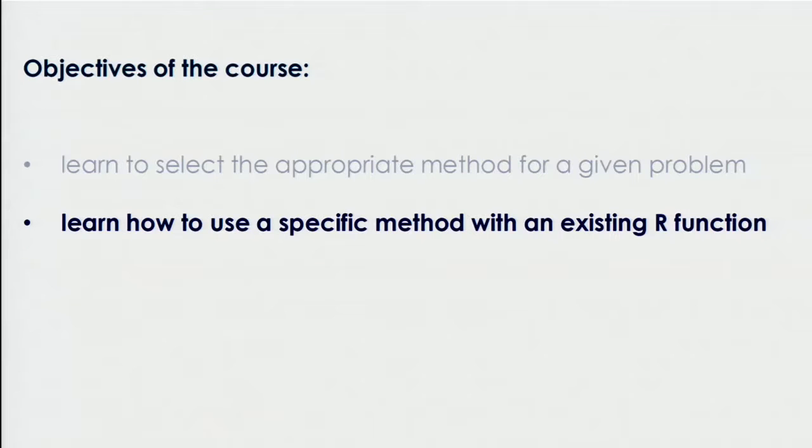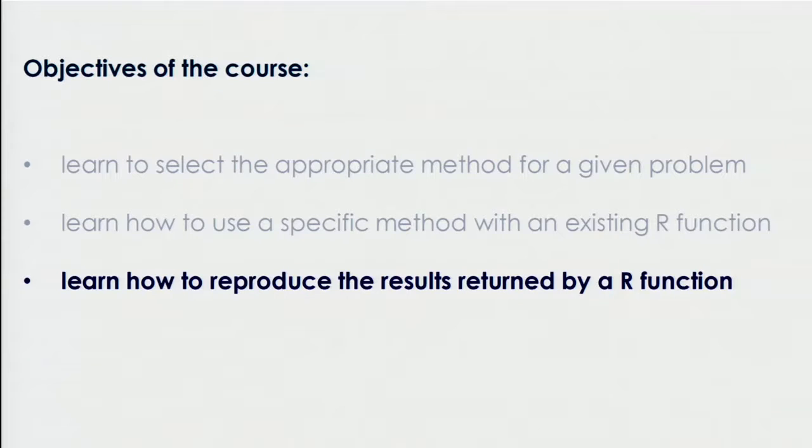But we don't want to use R functions as a black box, but to go a little bit more into detail and really try to understand how the results which are returned are computed. So we want to be able to reproduce these results.